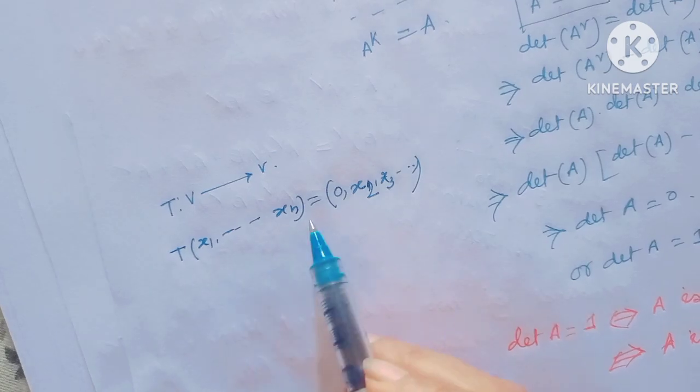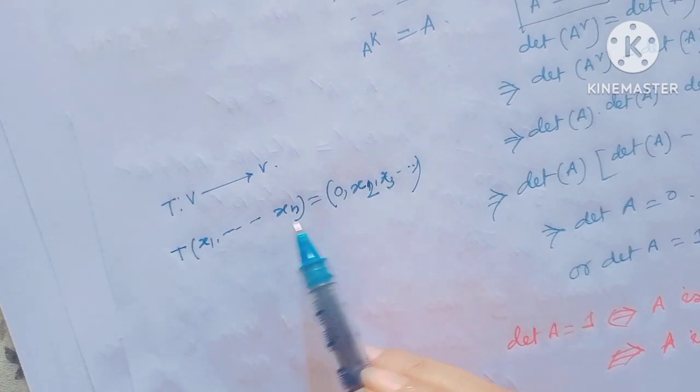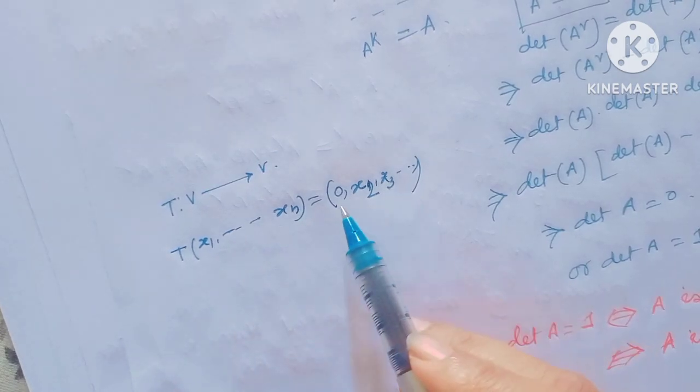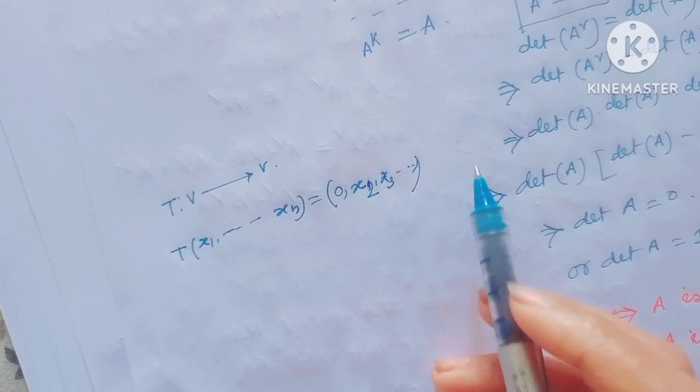Next I will see one idempotent. T from V to V, T of (x1, x2, up to xn) equals (0, x2, x3 and so on).